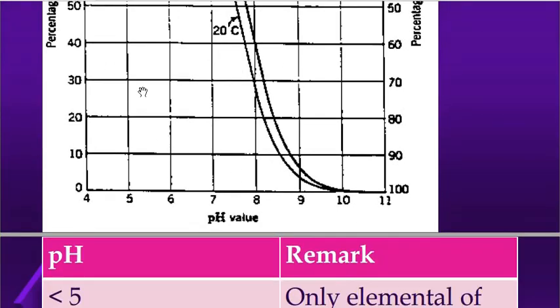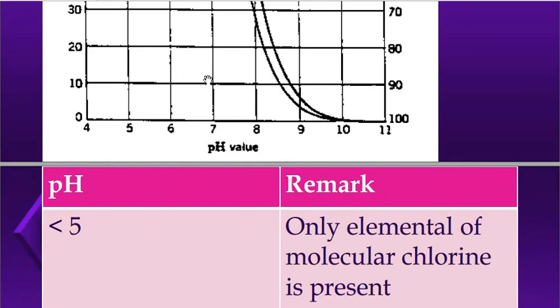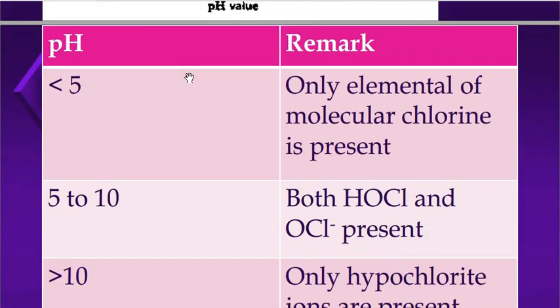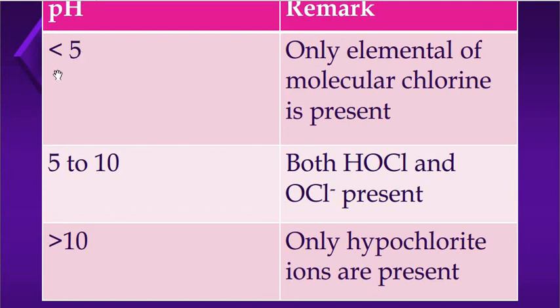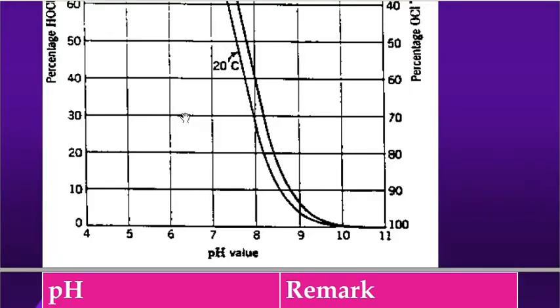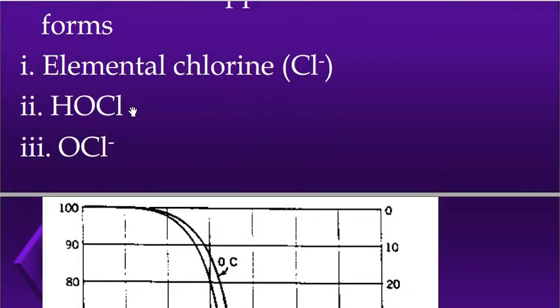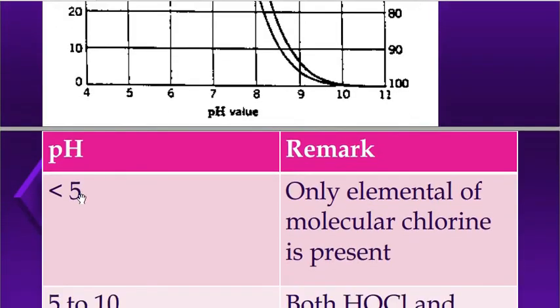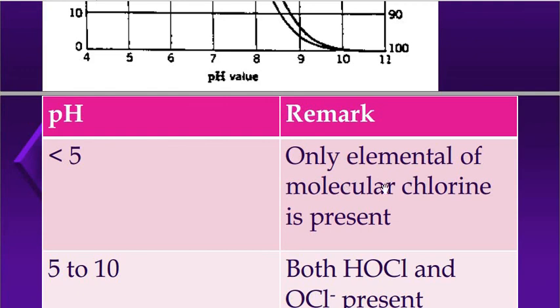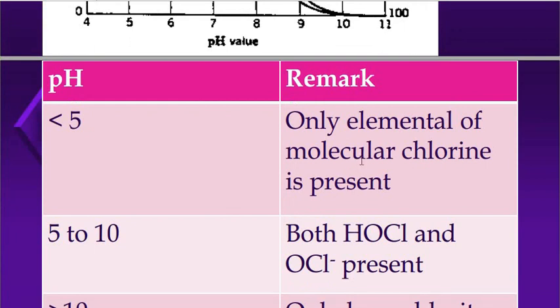The conclusions of this graph are given in this table, with pH and its remark. If the pH is less than 5, only elemental or molecular chlorine, that is free chlorine, is present.